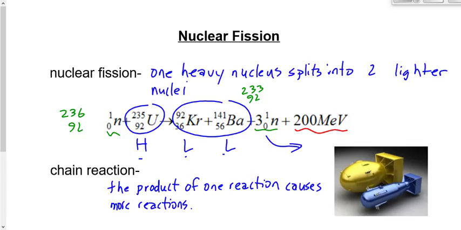So within a small fraction of a second, you've built this uncontrolled chain reaction, which results in the energy, that 200 mega electron volts, growing exponentially. It grows so fast that, if it's uncontrolled, it would typically blow itself apart within a fraction of a second.